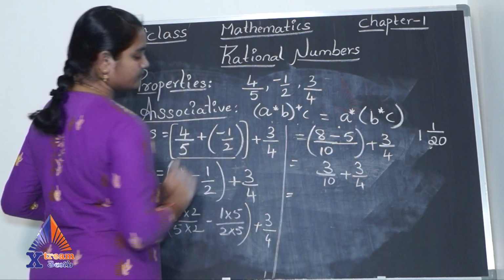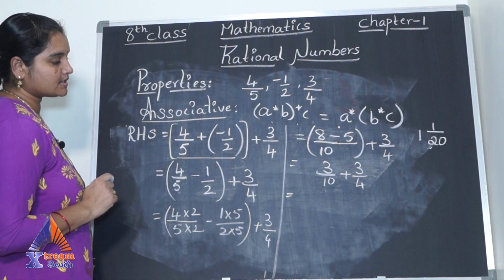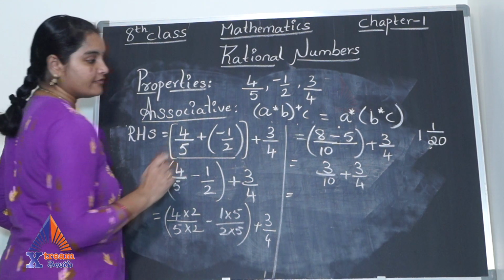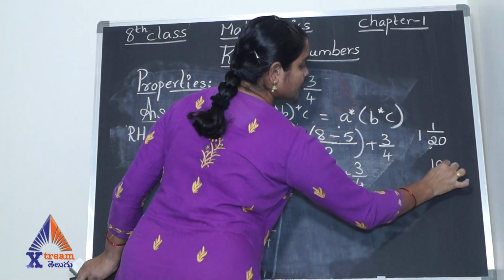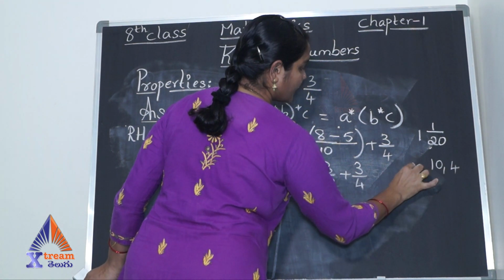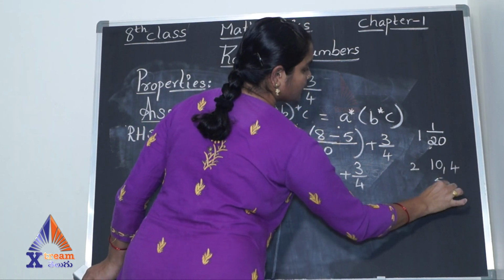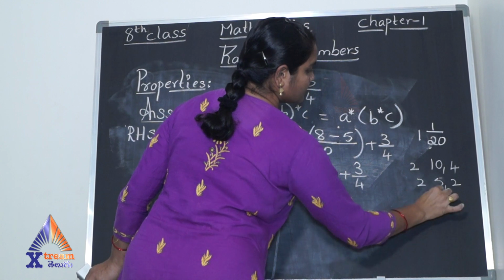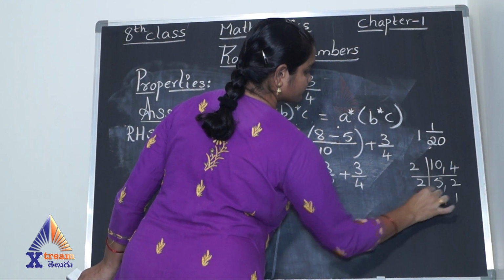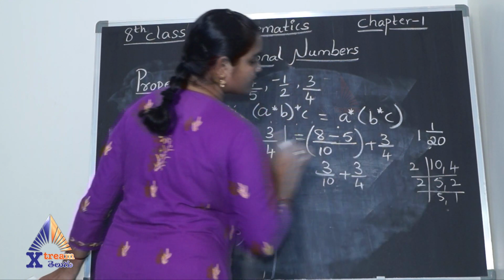Now 10 and 4. The LCM is 20. If you are doubtful about your LCM, take the help of a rough column and do the LCM part. 2 5s are 10, 2 2s are 4, 4 5s are 20.